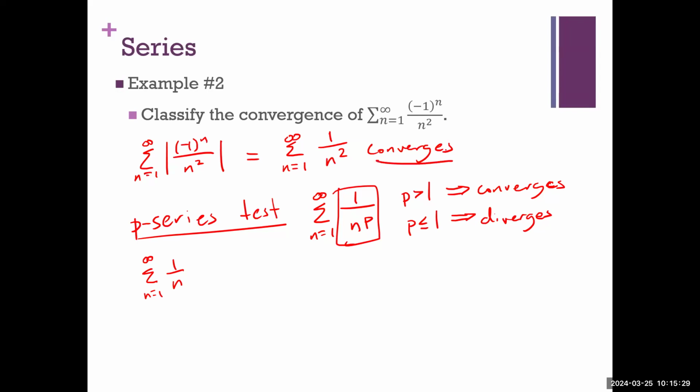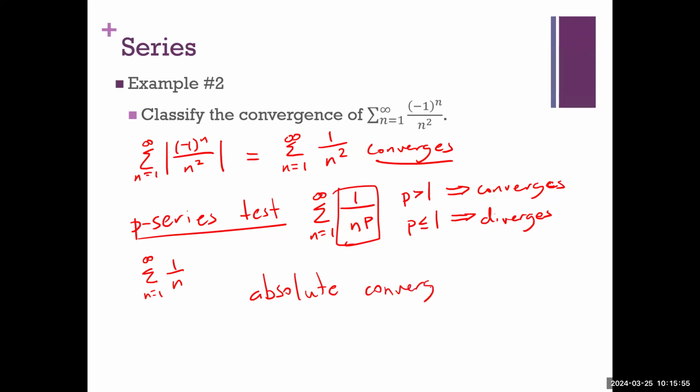So I found convergence. Do I know what kind of convergence I have? So 3 options basically. I either have absolute convergence, conditional convergence, or I have to do a little more digging. Why is it absolutely convergent? Absolute.